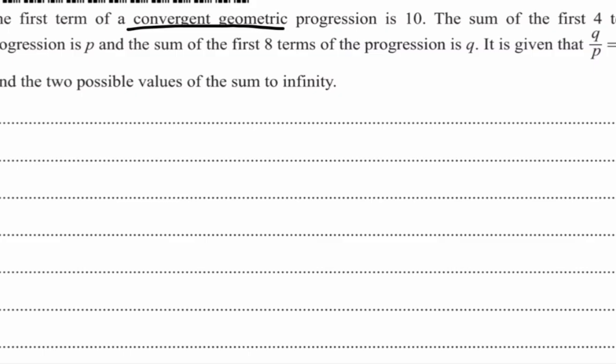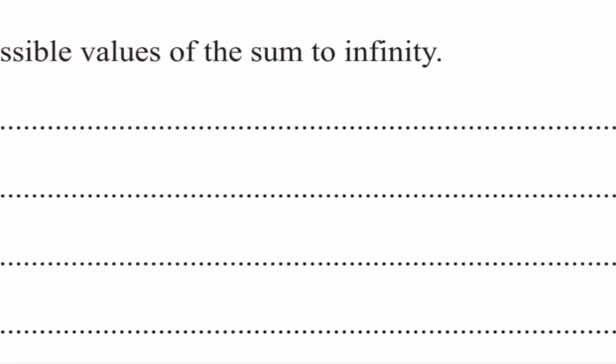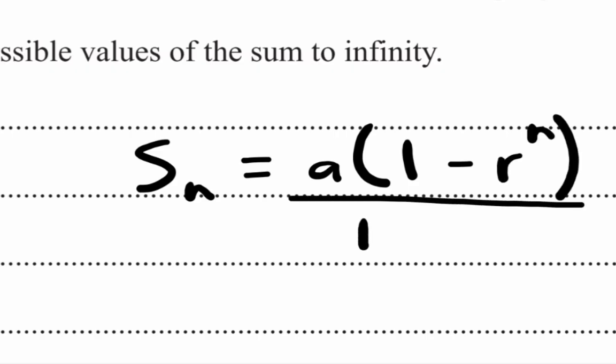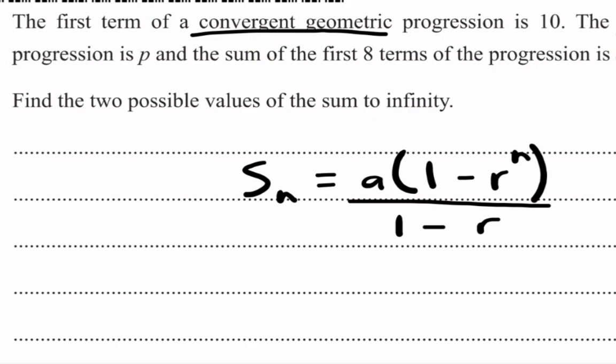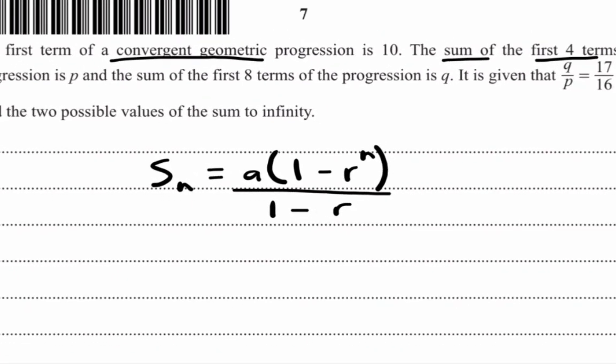And for this particular question, we are told the sum of the first 4, so we use the formula that we're given in the MF19, which is Sn is a, bracket 1 minus r to the power n, over 1 minus r, right? And we're told that the sum of the first 4 terms is p.